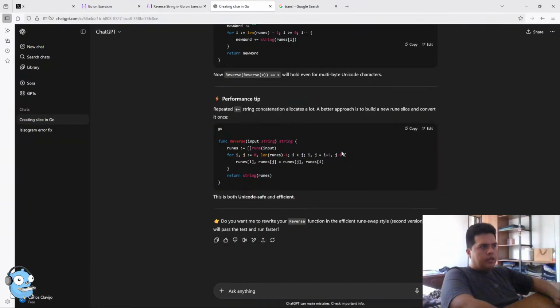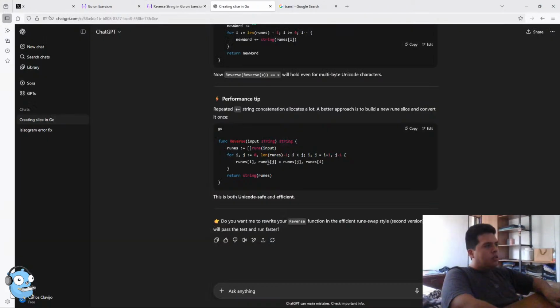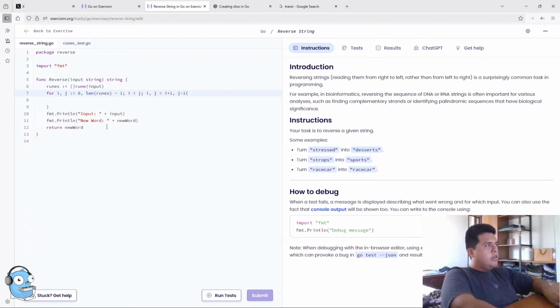Can I use this form? I never knew that. I will copy this because I don't know if I wrote it well.